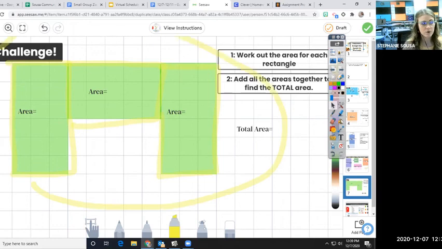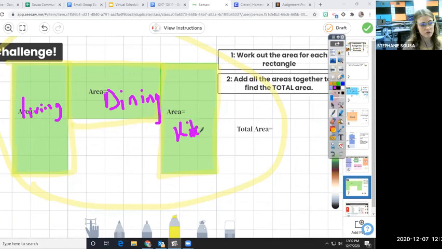This is going to be more like what you'll encounter in your adult lives when you're shopping for apartments or houses. For instance, you might have the living room over here. You might have the dining area over here. And you might have the kitchen over here. So this might be like a floor plan of what you would encounter. Okay? So you'll find the area of this.